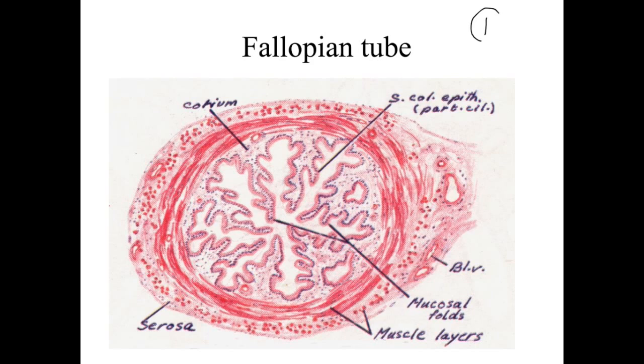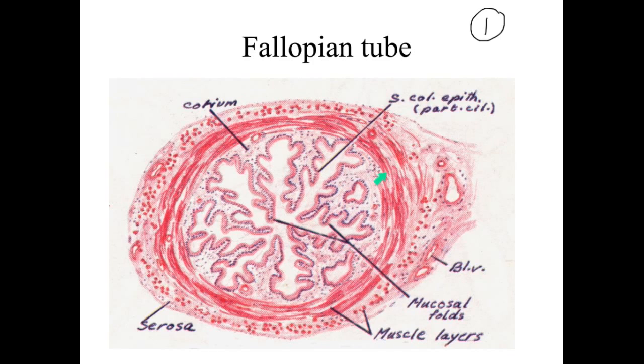Number 1 is the mucosa, which is formed of epithelium resting on connective tissue lamina propria. So we have here the epithelium, which is simple columnar, partially ciliated and partially secretory, and it rests on the lamina propria, which is nothing but connective tissue.